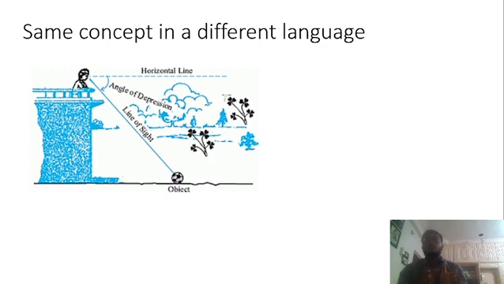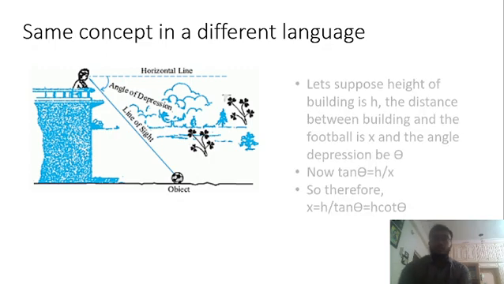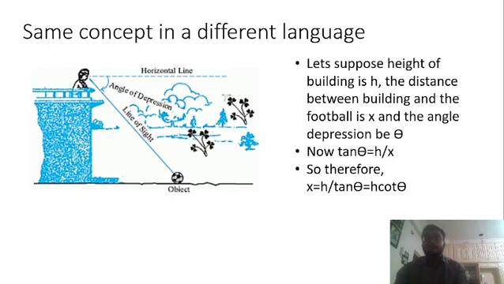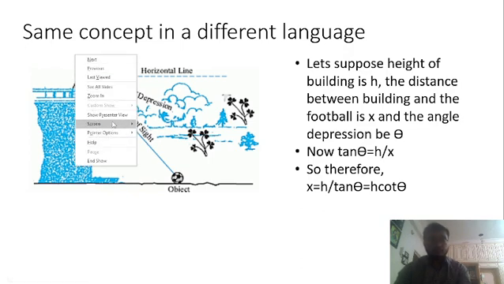Now suppose you are playing football on your terrace, and the football drops by mistake, and you are seeing the football, and you want to know the distance of the football from the building. Let's suppose the height of the building is h, the distance between the building and the football is x, and the angle of depression is theta.